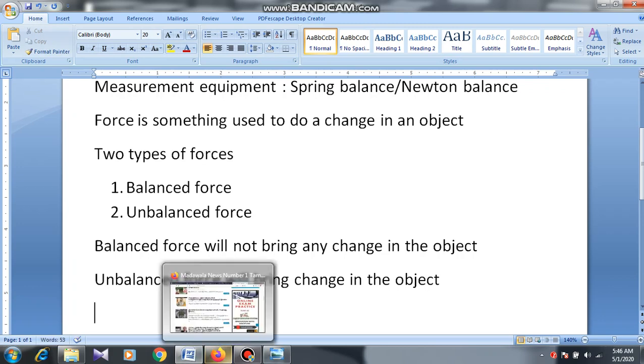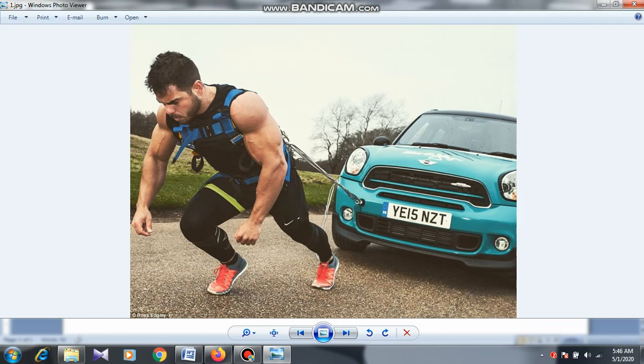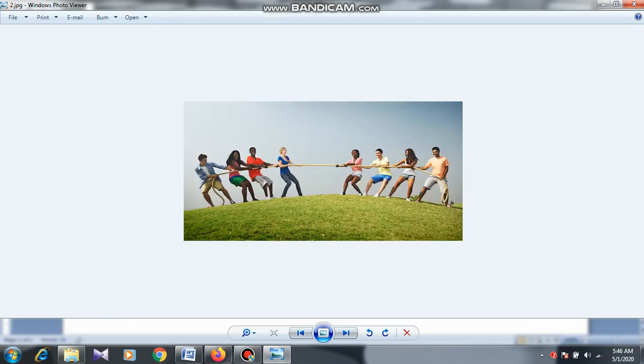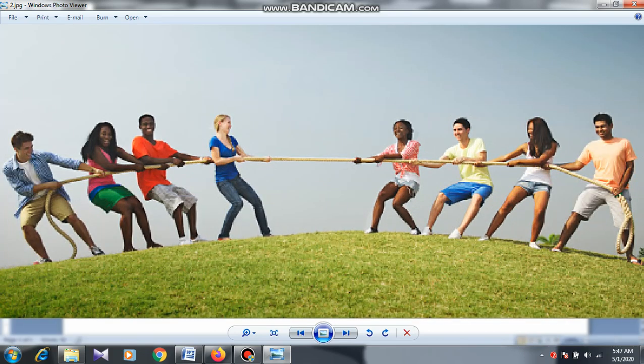Understood? So I have taken these pictures. If the car is moving, the force he applies is unbalanced force. If the car is not moving, the force he applies is balanced force. This is called tug of war. The people are pulling a rope.